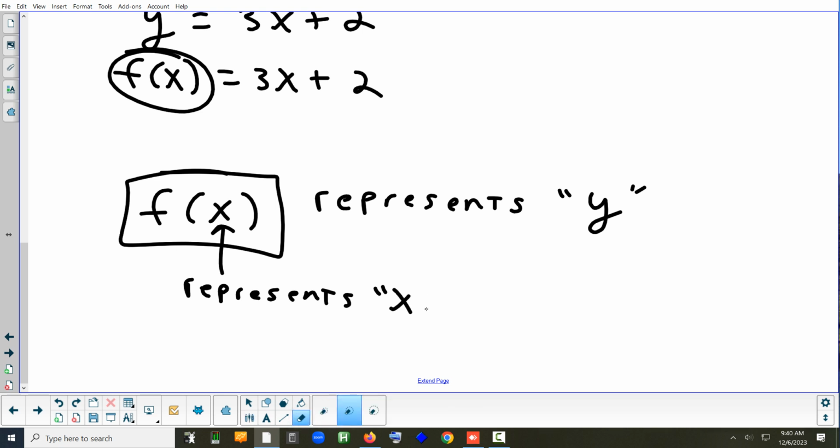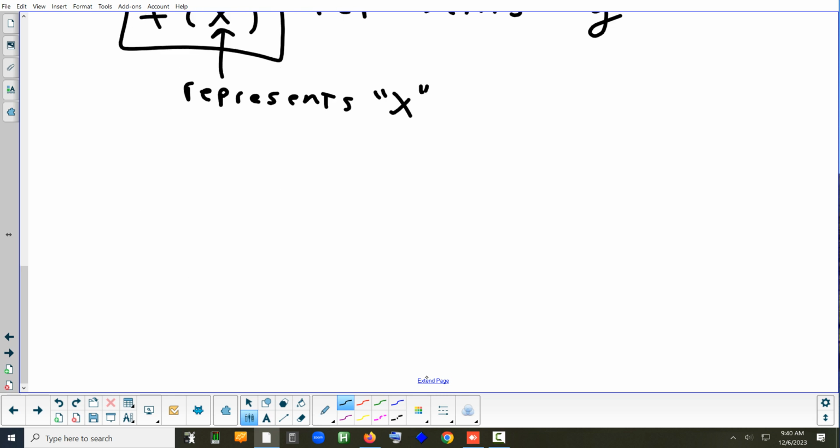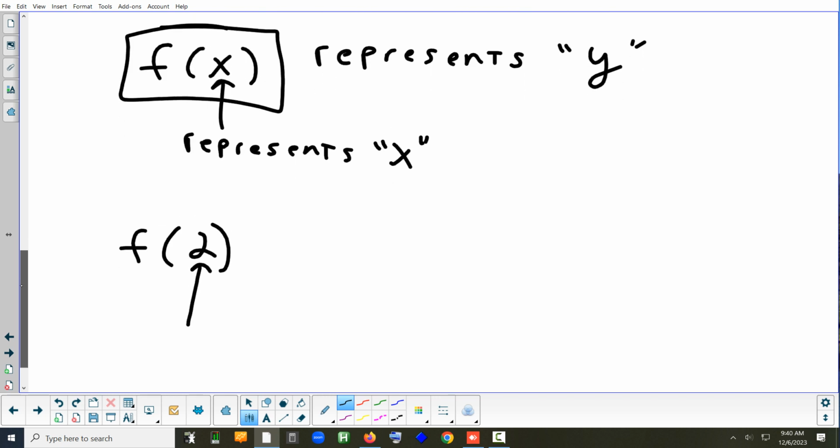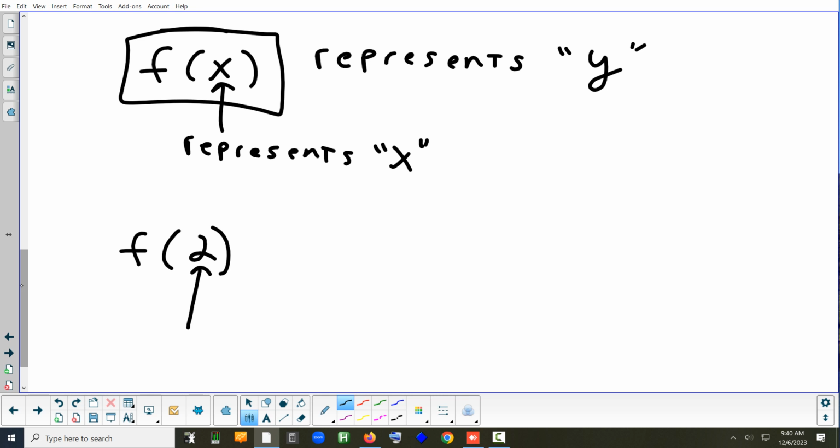It represents the x. So if I did something like this, f of 2, I'll basically y of 2. That number right there is my what? That's my x. Okay, that's the x value.